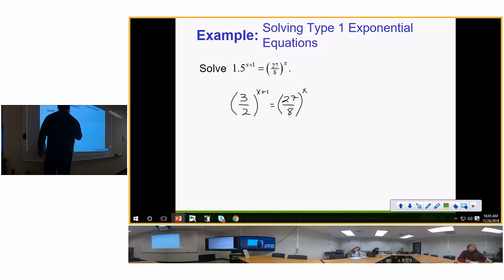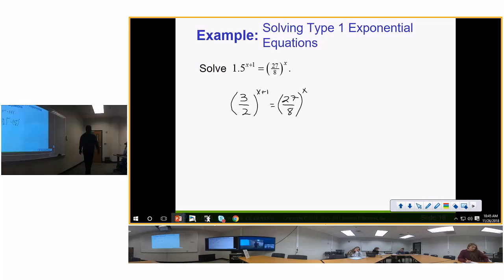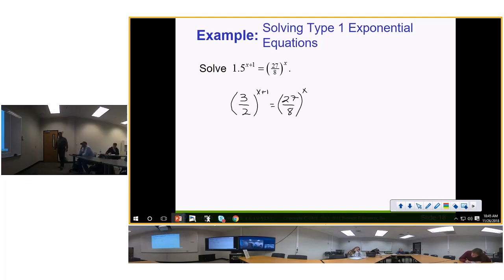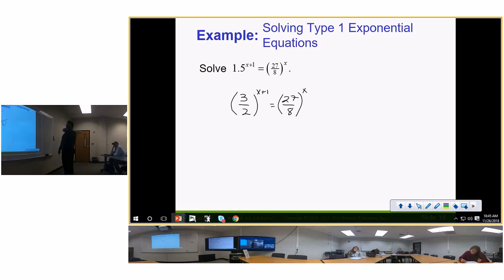Now, you can't change 3/2 into anything, so that reverts you to what? 27/8, Hubert. That's right, class. So what can I change that 27/8 into in relation to the 3/2? 3 to the first, 3 to the second, 3 to the third.